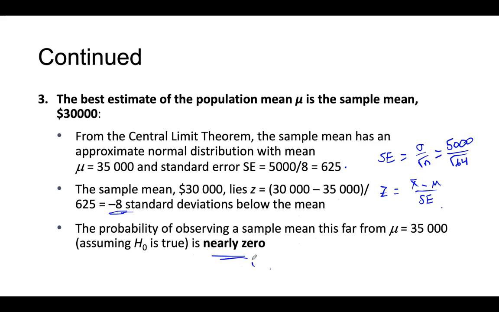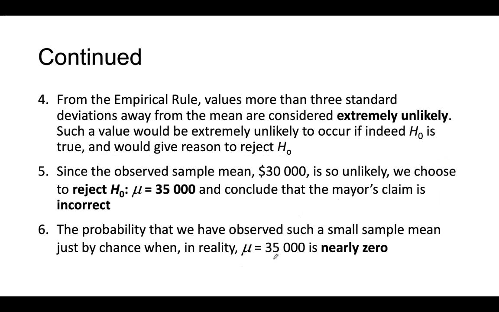This is a very, very rare event. From the empirical rule, values more than 3 standard deviations away from the mean are considered extremely unlikely. Such a value would be extremely unlikely to occur if the null is true, so this would give reason to reject the null.